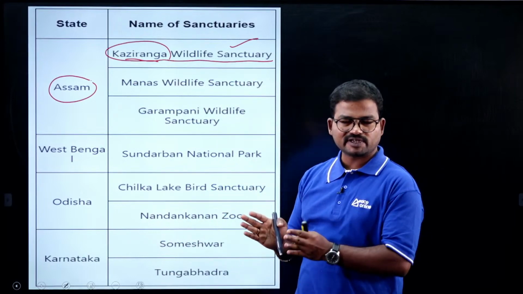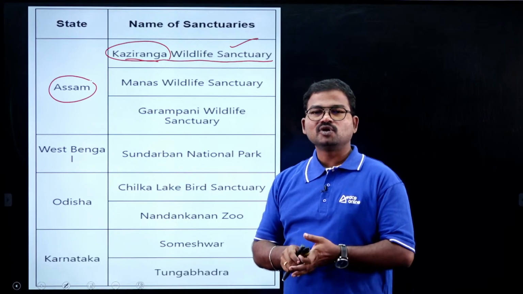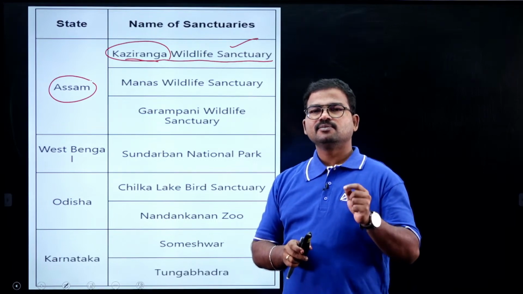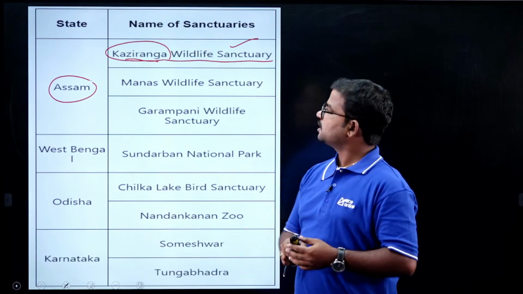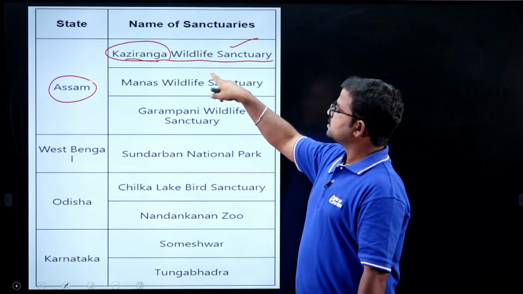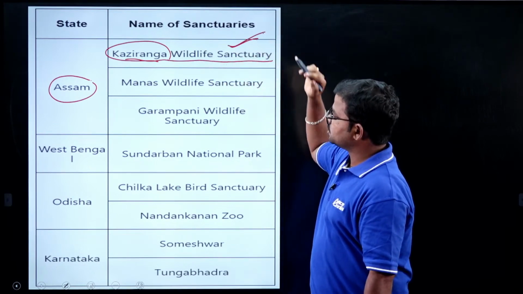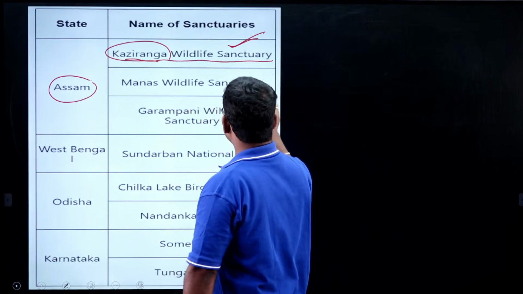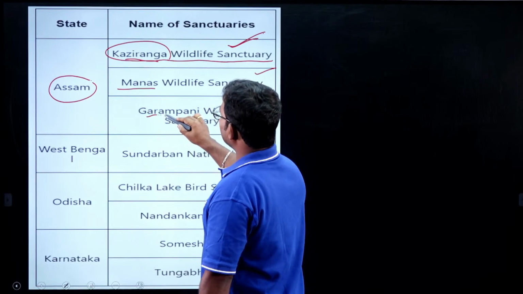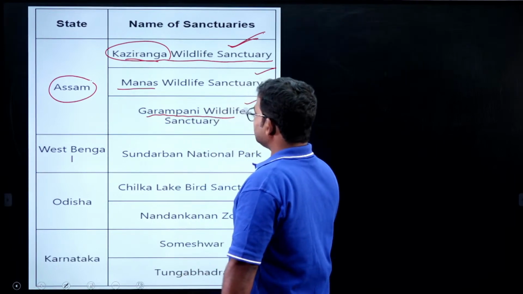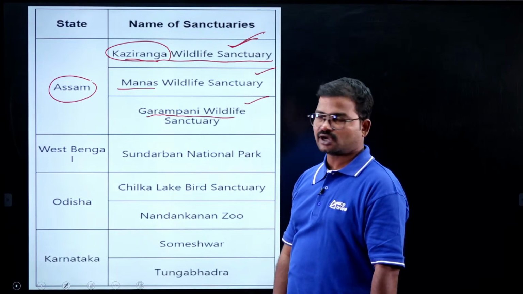This one has a very specific speciality: more than 90% of the rhinoceros in India are observed in the locality of Assam, that too in Kaziranga Wildlife Sanctuary. Next Manas Wildlife Sanctuary, and next Garampani Wildlife Sanctuary. These 3 exist in the state of Assam.